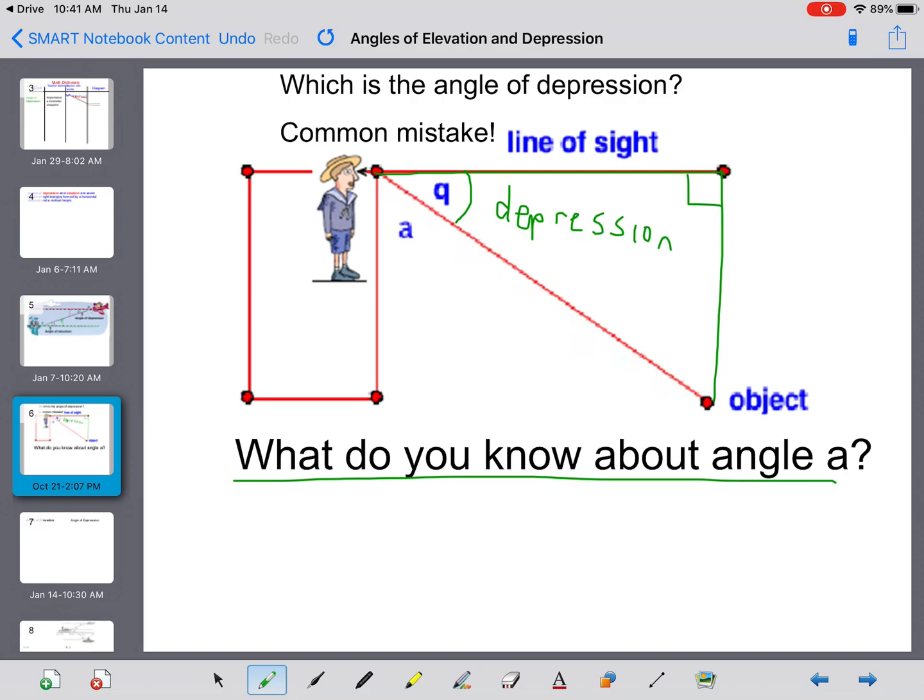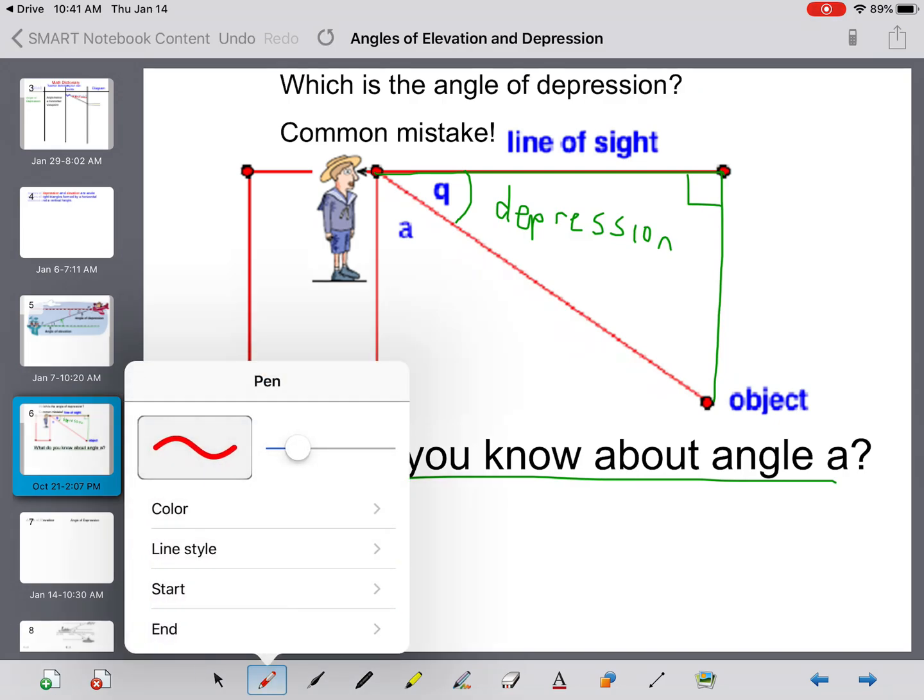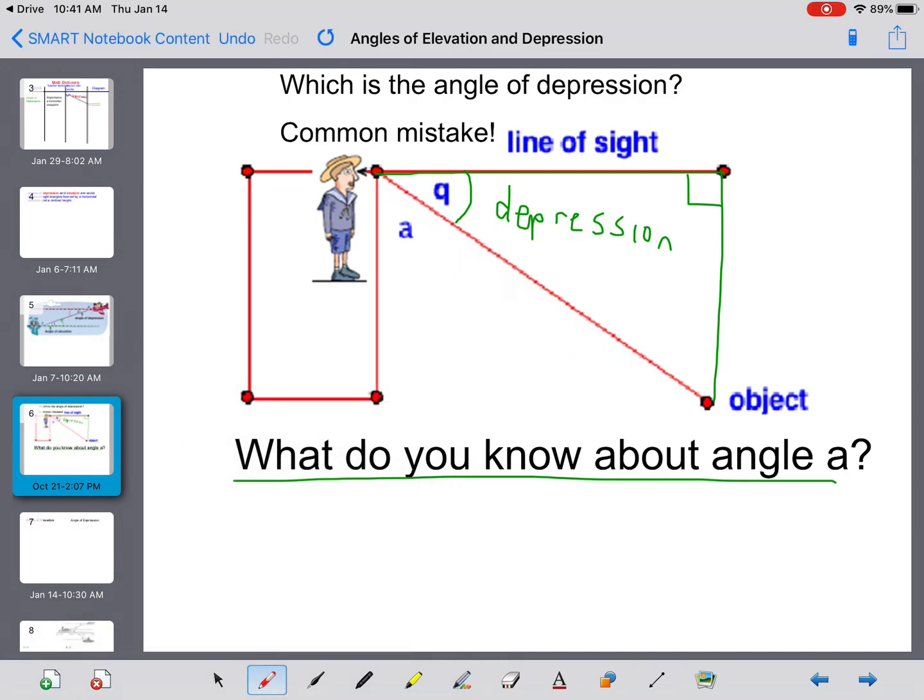What do you know about angle A? Well, angle A, if we were to connect this whole space, we would create a rectangle. In a rectangle, I know that this angle is 90 degrees. So let's say angle Q were 50 degrees.